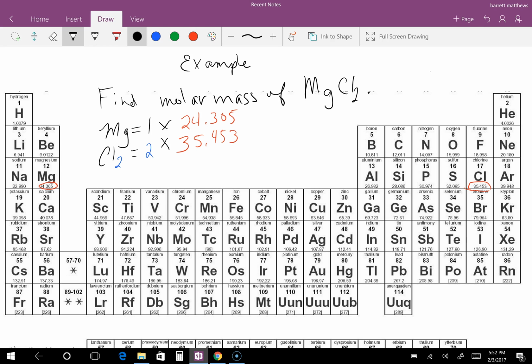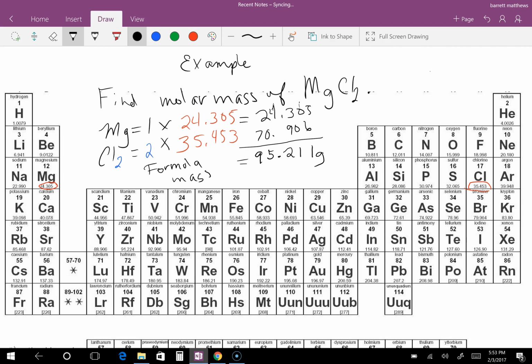So I'll do the math. So I end up with 1 times 24.305 is 24.305. 2 times 35.453 is 70.906. Added together, I'm going to end up with 95.211 grams for the formula mass.